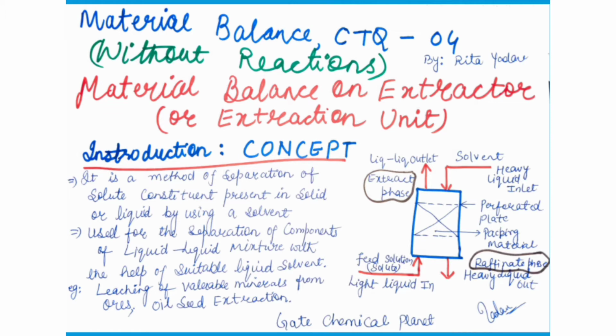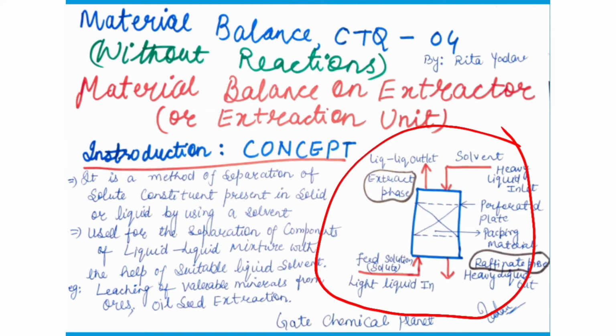So here I have drawn the diagram for the extractor unit, in which the feed solution is coming to the extractor, and from the top we are feeding the solvent, which is a heavy liquid, and after mixing we are getting the extract phase and the raffinate phase.